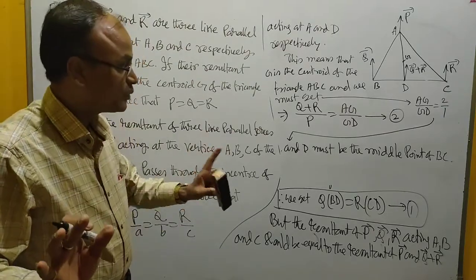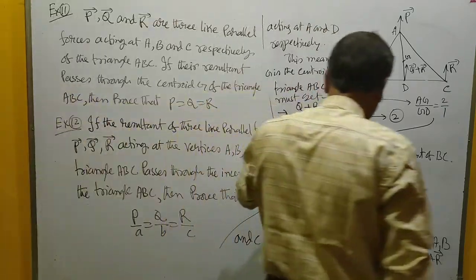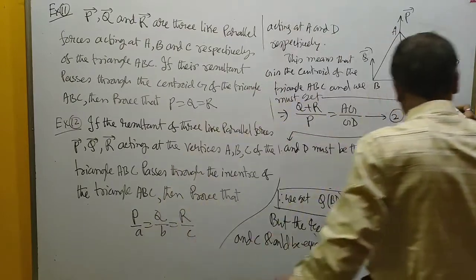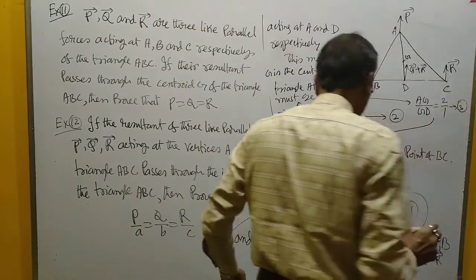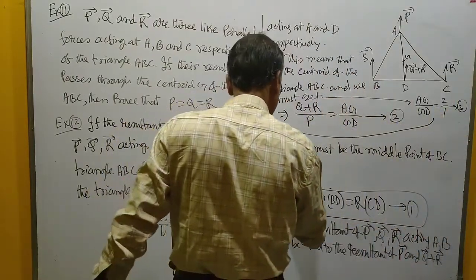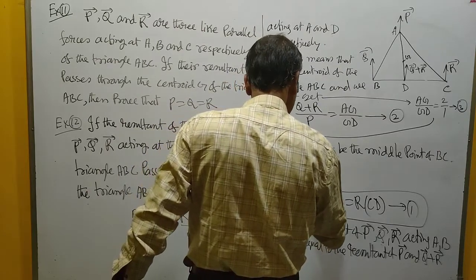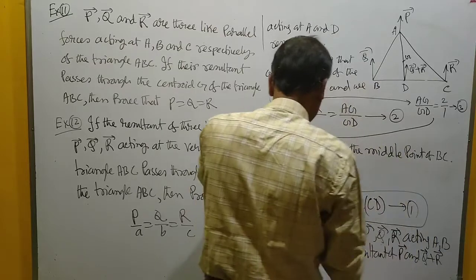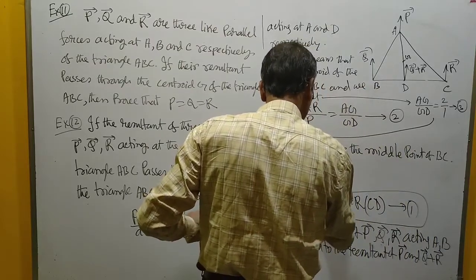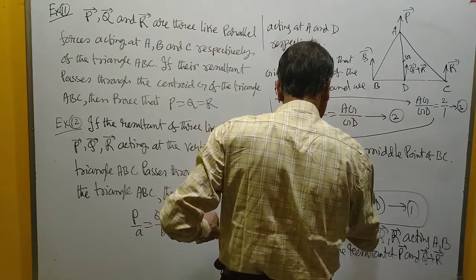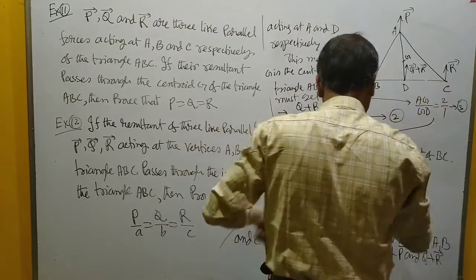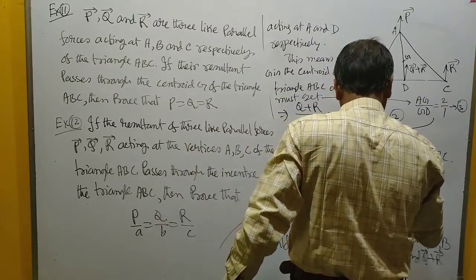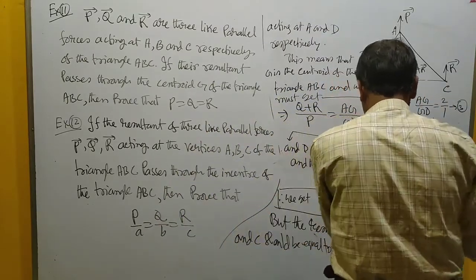Right? Now, suppose this is number 3. From 2 and 3 we get D must be the middle point of BC, and therefore BD equal to CD.